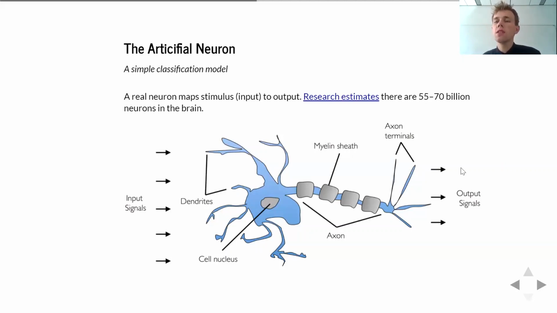This is also the fundamental idea behind the artificial neuron, and that's the fundamental idea about how the perceptron model classifies a given target. You can read more about the relation between the artificial neuron and the biological neuron in the PML textbook.